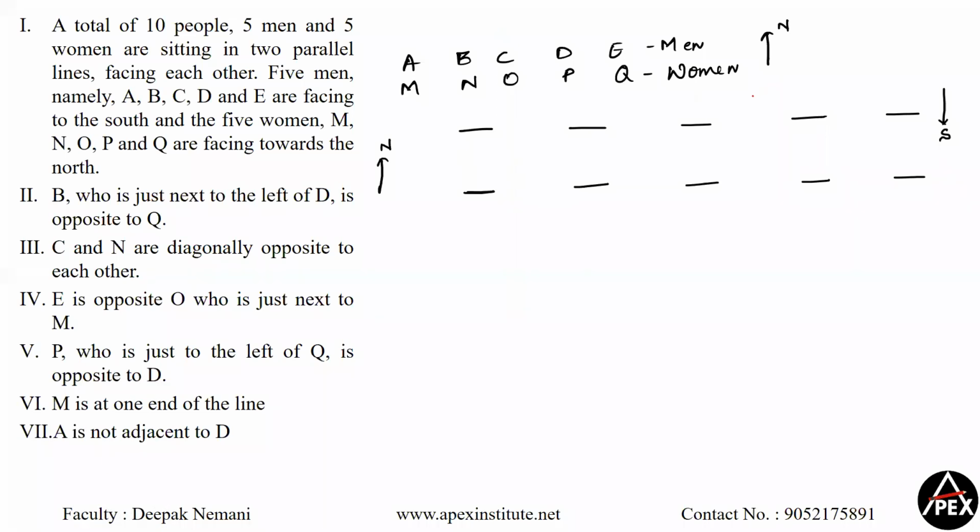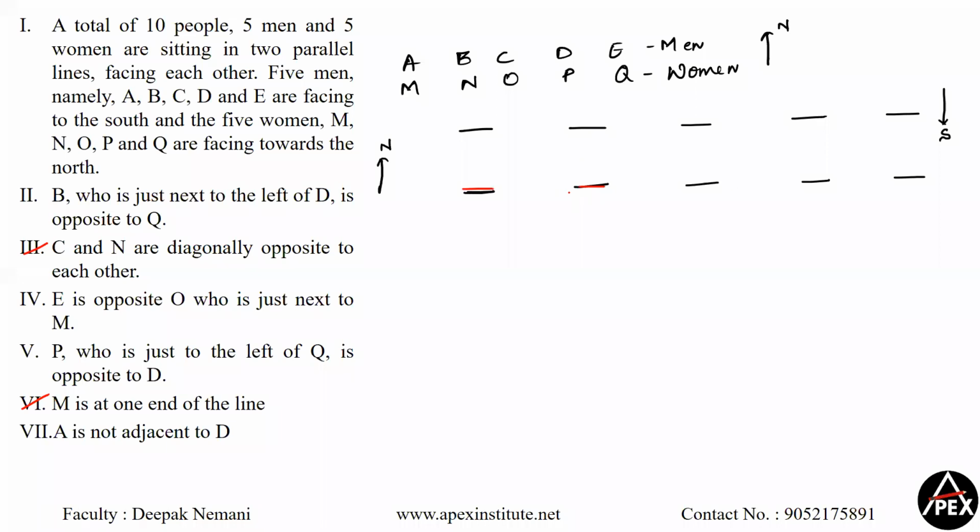Statement 3. M is 3 or 2? I won't be considering the second. Either I will start this set with 3 or 6. Now let me start with 6. M is sitting in this line.